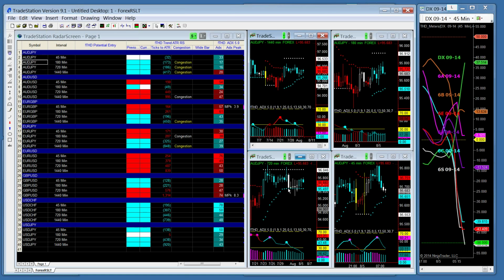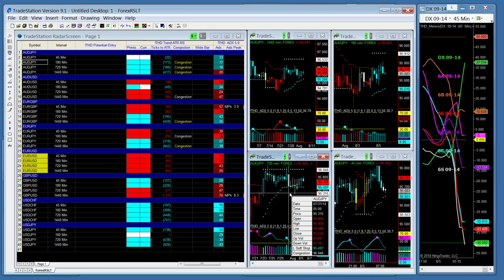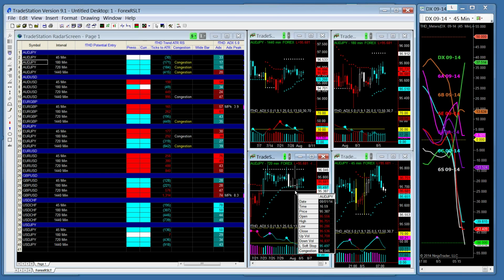Actually, you could have entered here, here, or here. If you entered over here, I would venture to say the low of this bar is 95.28. The entry here was 95.52. Depending on what type of stop, you could have been stopped out, but I wouldn't have had any problems re-entering. Does everybody see that?